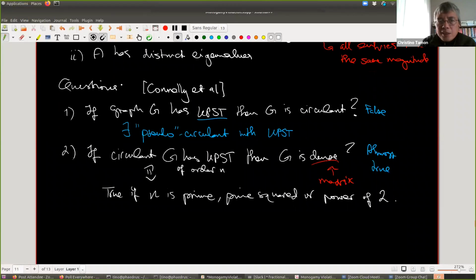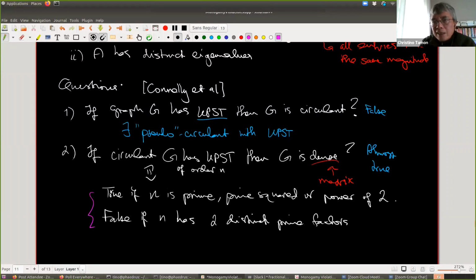And we have a construction where it's definitely false if n has 2 distinct prime factors. And there is a gap here between the true and the false: we don't know what happens when n is a prime power that is not a square.